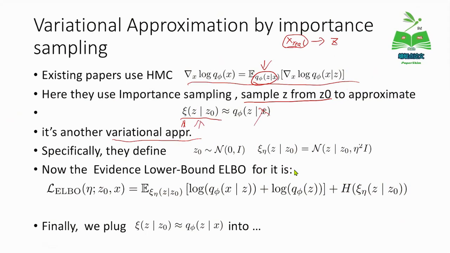Specifically, the paper defines the z0 from Gaussian noise, and z given z0 is another Gaussian noise with this one.